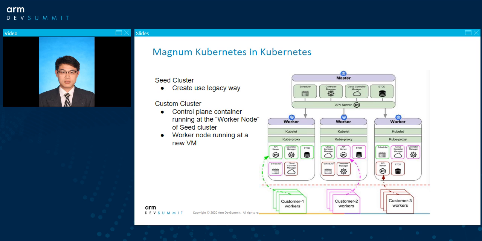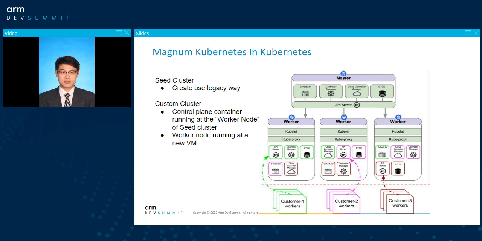All the Kubernetes components in the custom cluster will be served as container components and managed by the seed cluster. That will reduce our control plane consumption, and we let Kubernetes manage all the custom cluster's control plane containers.